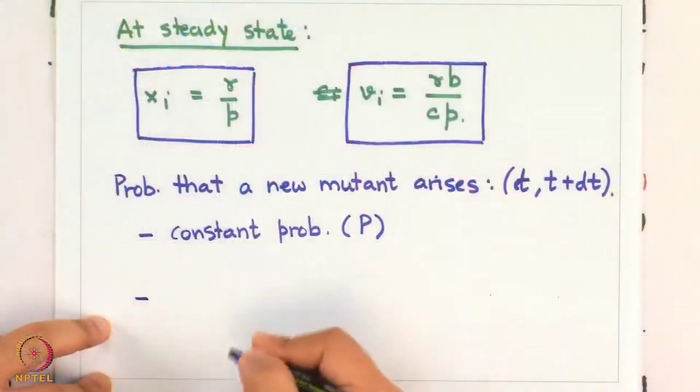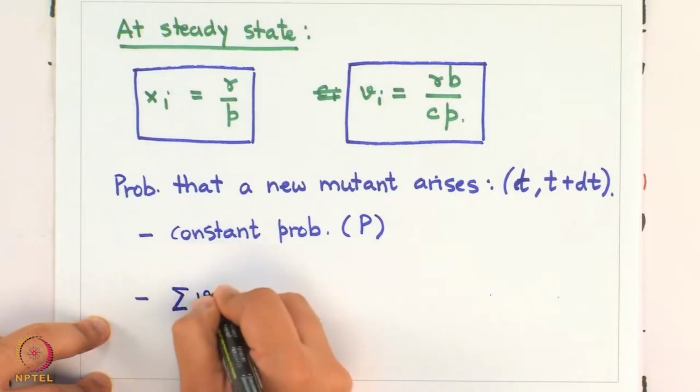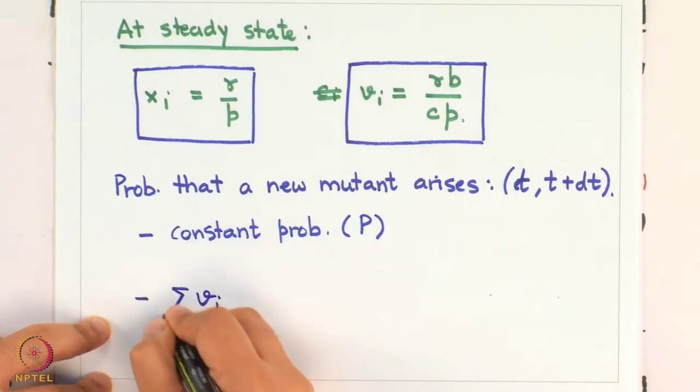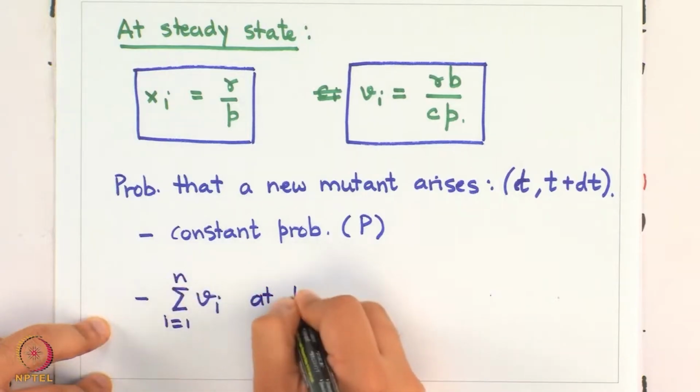A more physiologically representative way to capture this is to say that the probability that a new mutation arises is proportional to the total virus load present at that particular instant at time t.